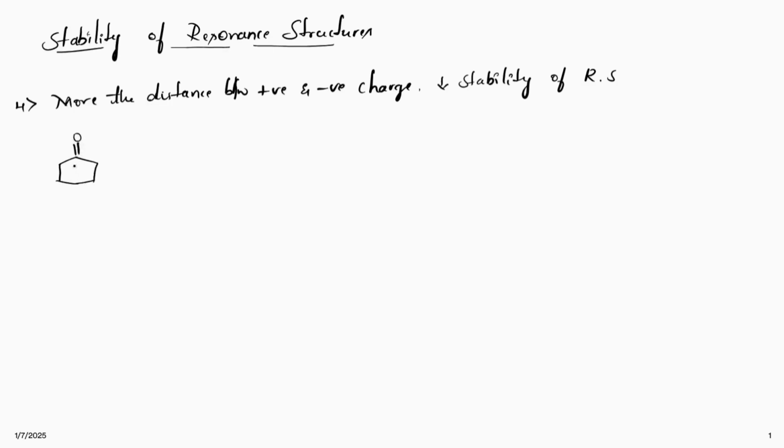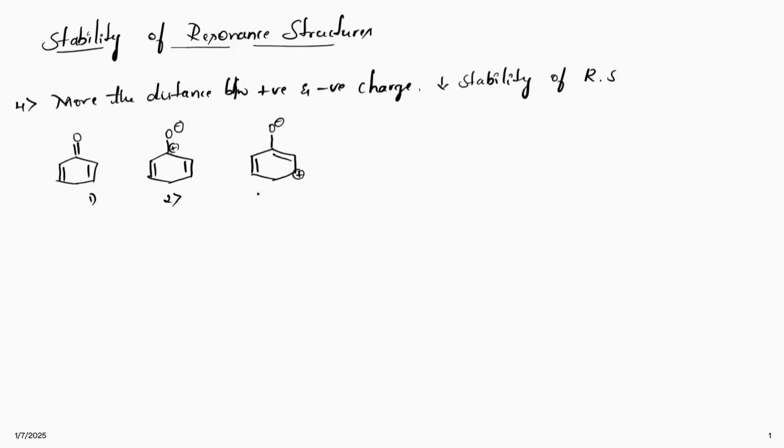We'll take an example, that is, here double bond, here double bond, double bond. Next one is single bond O minus, positive charge on carbon atom, there double bond, double bond. Next one is single bond O minus, here double bond, here double bond, here positive charge.